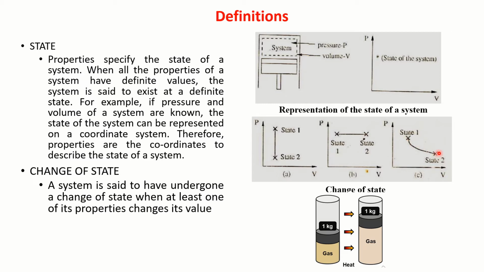So both volume as well as pressure have changed here. So we say this is the change of state. A system is said to have undergone a change of state when at least one of its properties changes its value. Here, the property pressure has changed, the property volume has changed. Here, both volume and pressure have changed. This is what we mean by change of state.